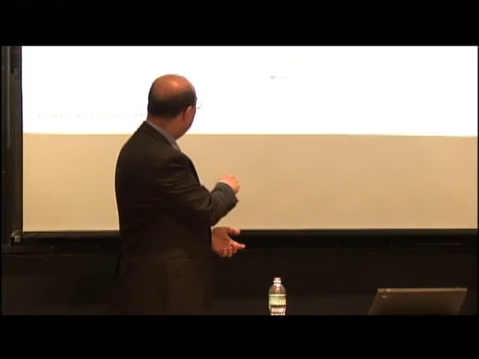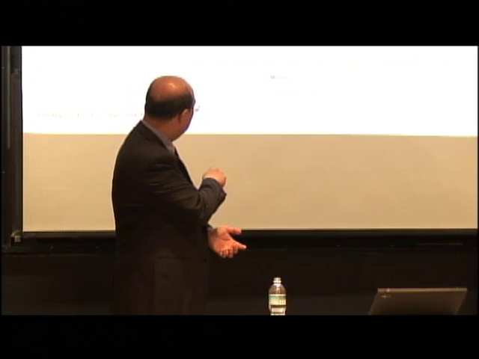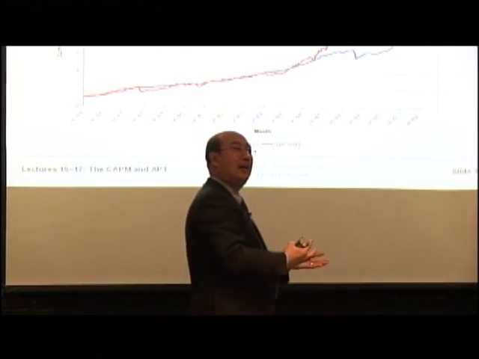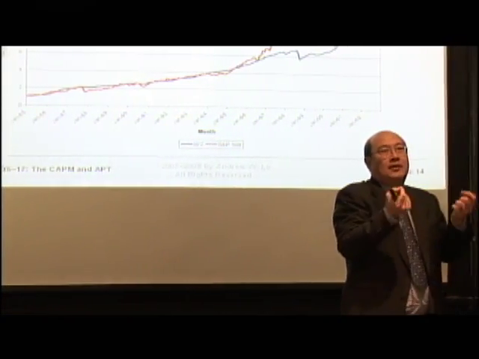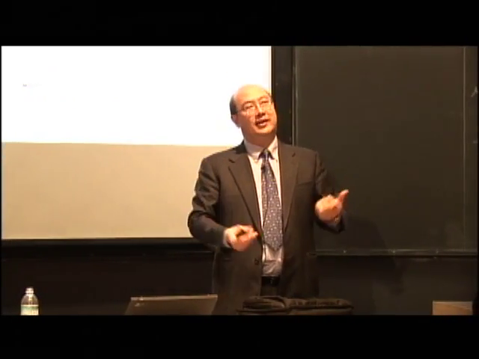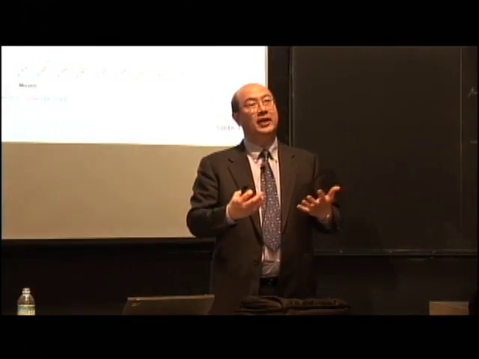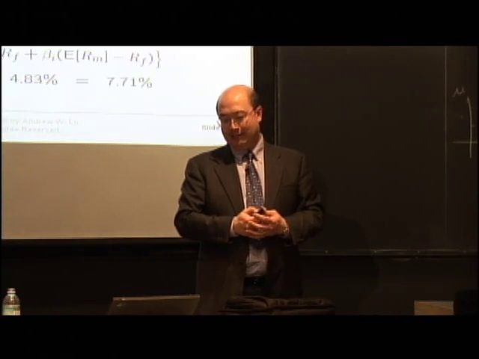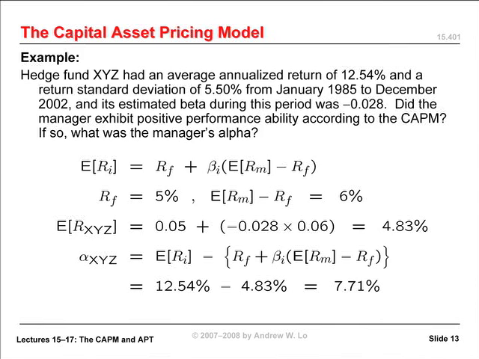The smoothest line, of course, is T-bills. That's a straight line, right? That'll go sort of like this. And investors are not going to pay a lot for that because that doesn't really help them generate expected rate of return. If you've got expected rate of return and smoothness together, you get a really big alpha, and that's exactly what we see here, an alpha of 771 basis points.